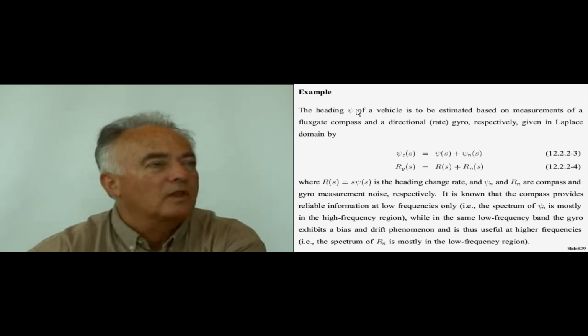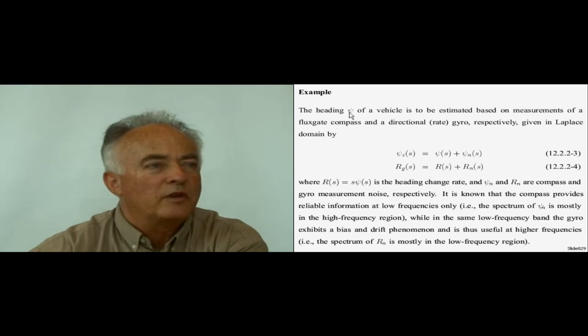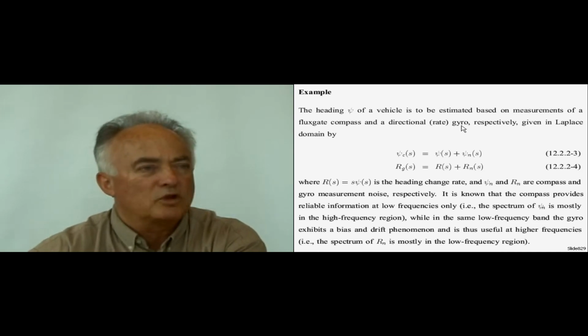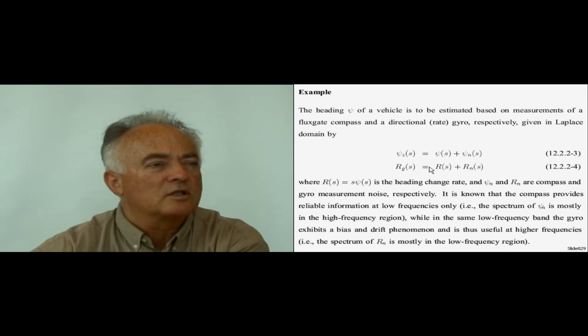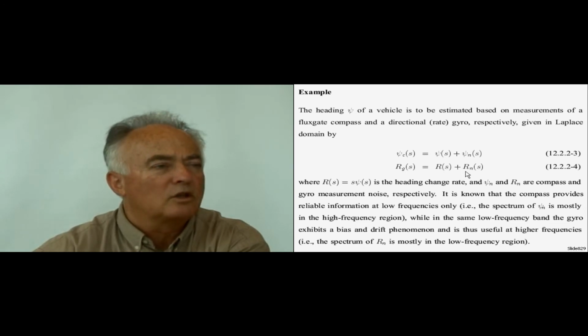Here's an example. The heading psi of a vehicle is to be estimated based on measurements of a flux gate compass and the directional rate or rate gyroscope, which is expressed in the Laplace domain, the frequency domain. Psi c is psi plus psi n, and Rg is R plus Rn, where R of s is the derivative of psi, the heading change rate, and psi n and Rn are the compass and gyro measurement noise respectively.